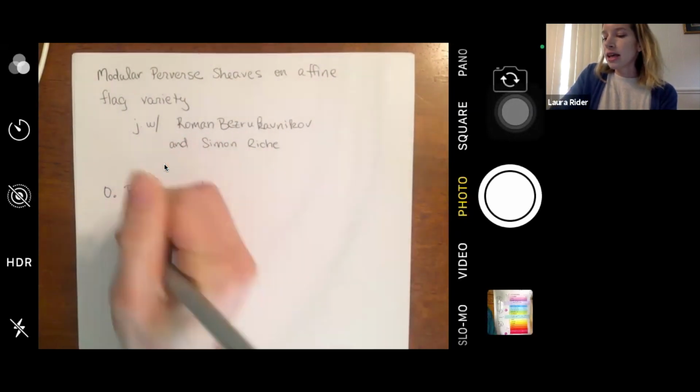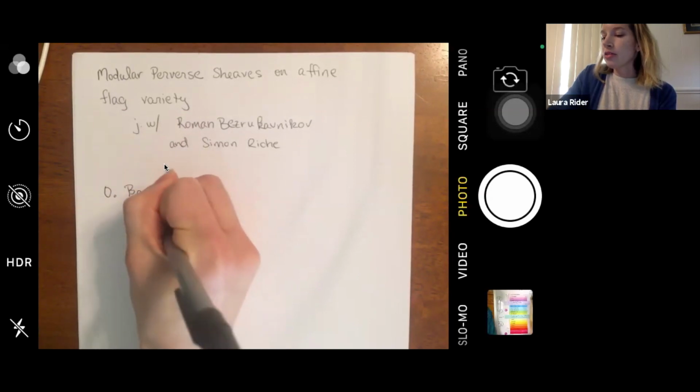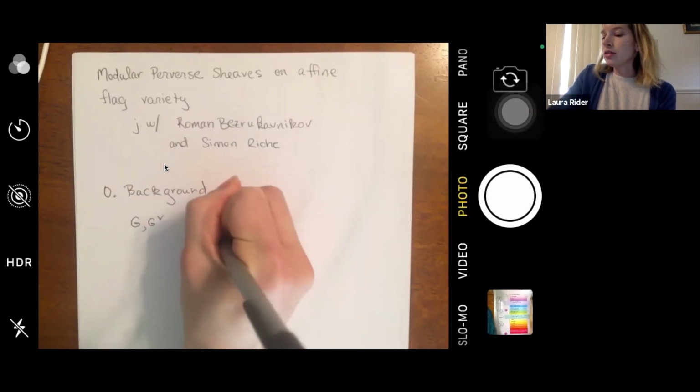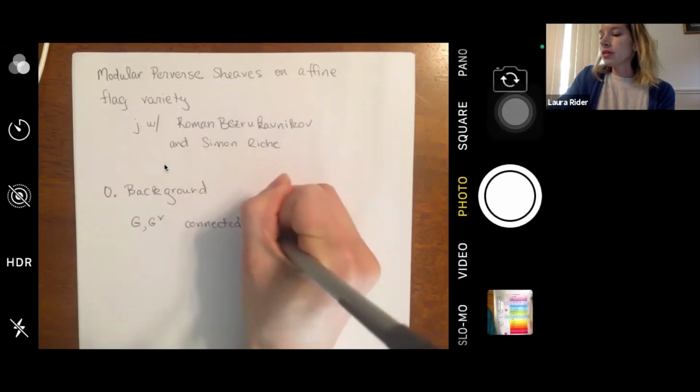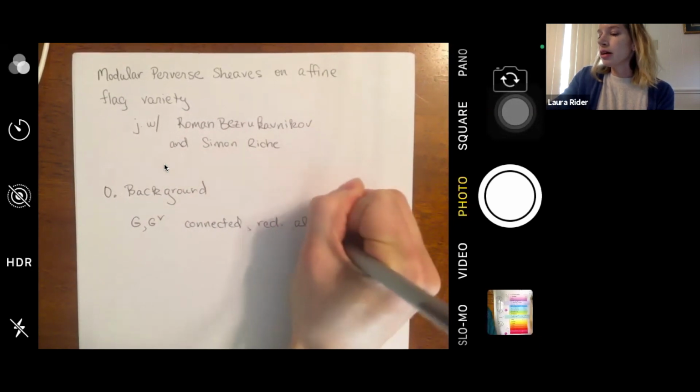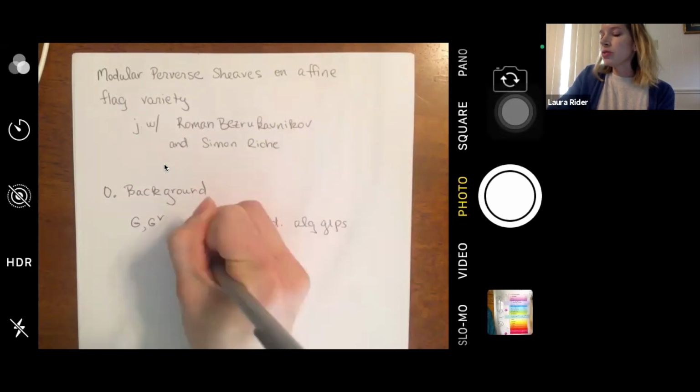So the setup is that we start with a pair of connected reductive algebraic groups that are Langlands dual to each other.